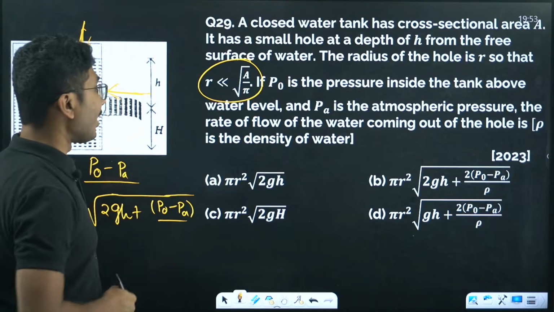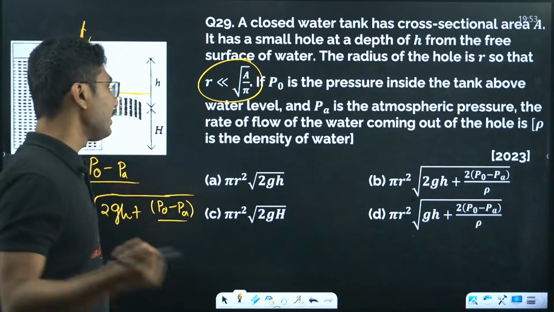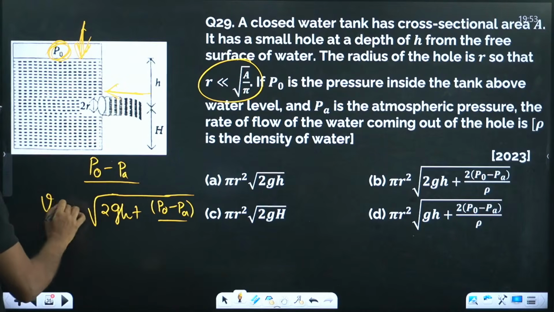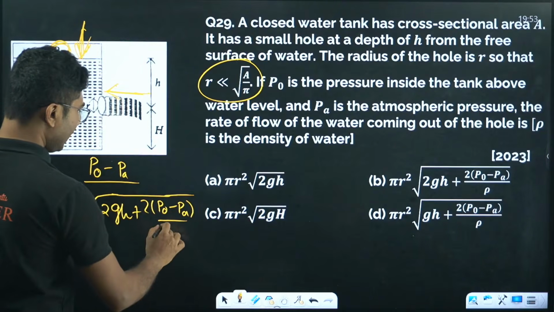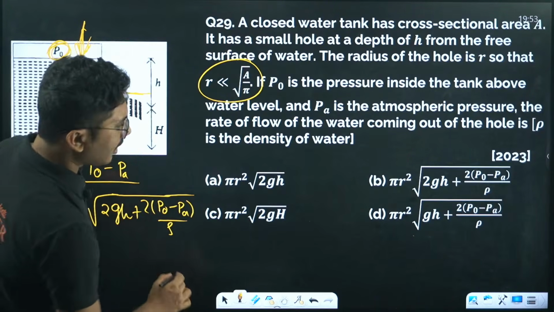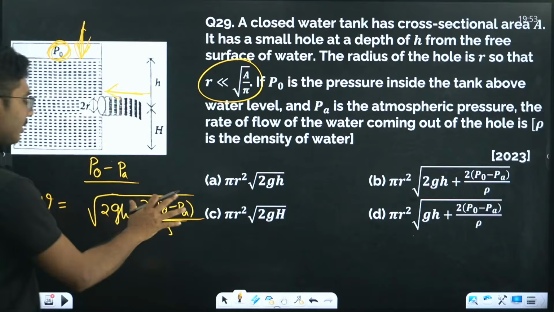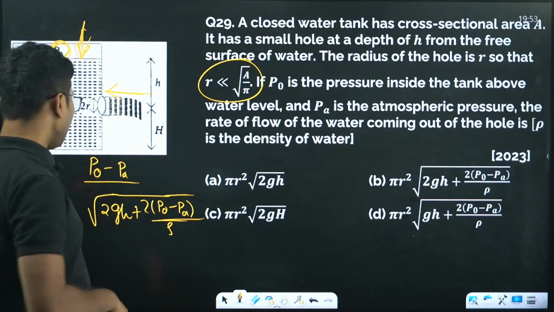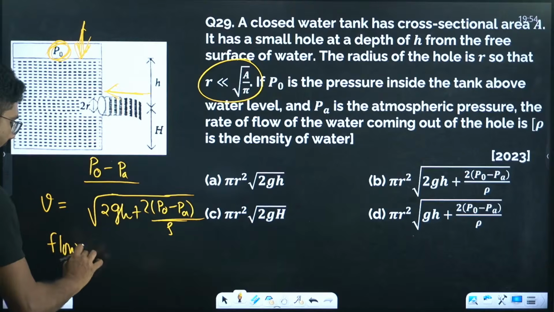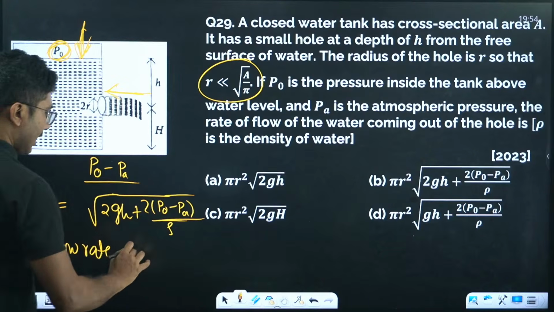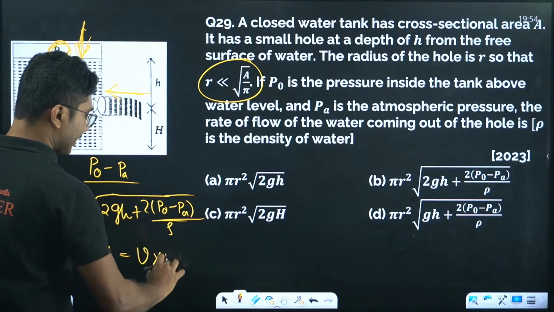Okay, so now what is the flow? Flow rate, this is velocity, this is not flow rate, this is velocity. There will be other term as well. Okay, I think rho into only rho. So this is the normal velocity. But what is flow rate? Flow rate is velocity into area.